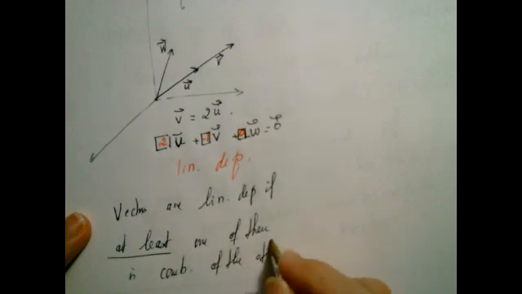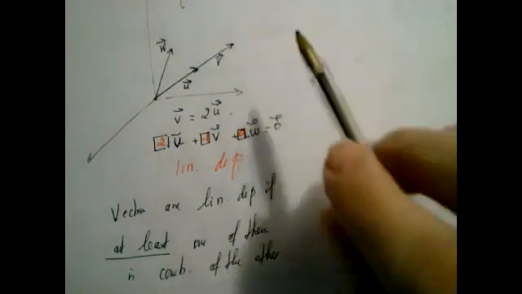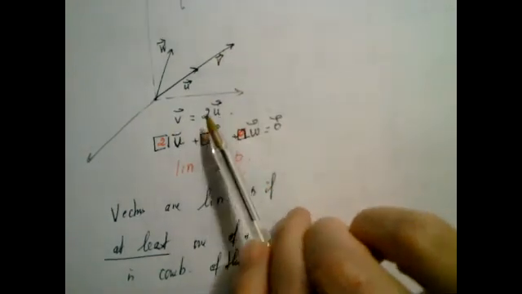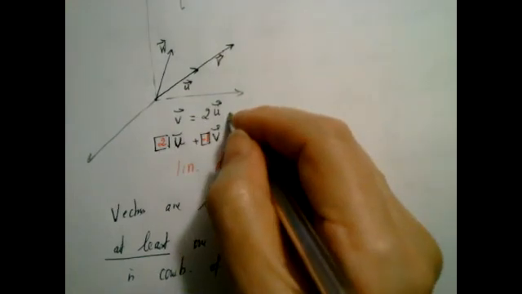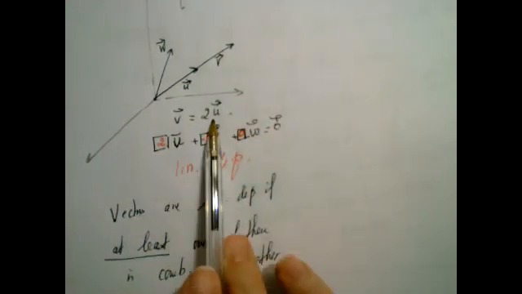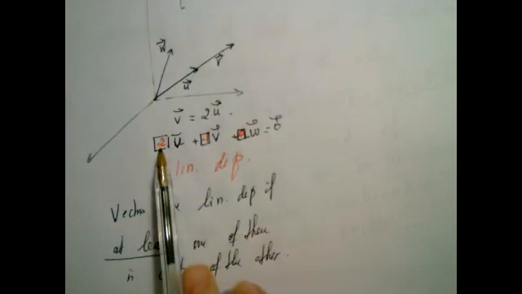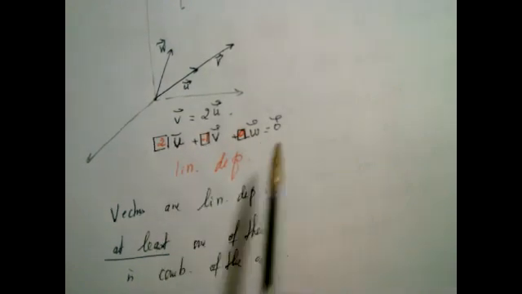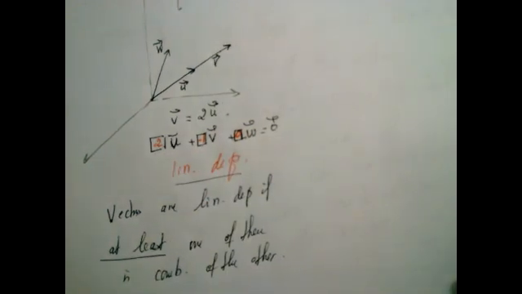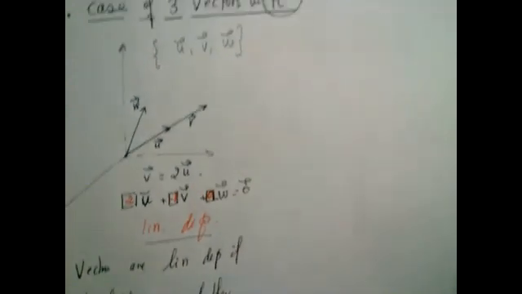Which one is a linear combination of the other? The vector V is a combination of the vector U. It's basically 2U. Since one of them is a combination of the other, this really helped me find those scalars that make the whole thing equal to 0. Absolutely linearly dependent because one of them is a linear combination of the other. That's the dependence. That's one scenario.